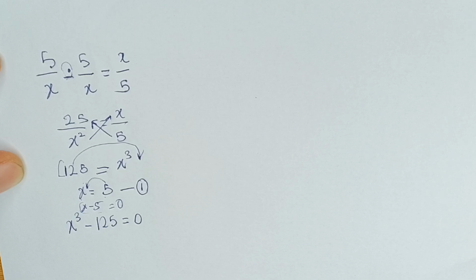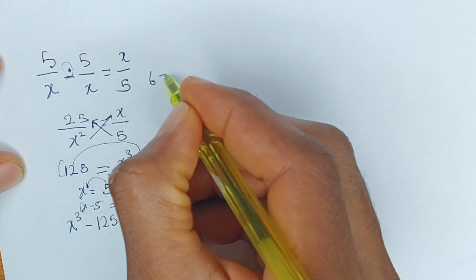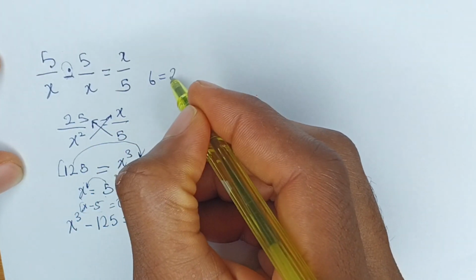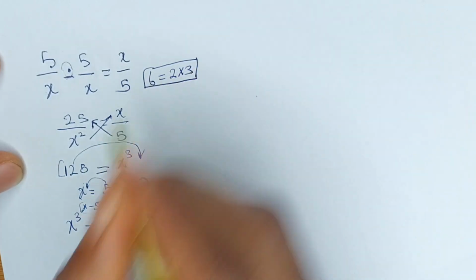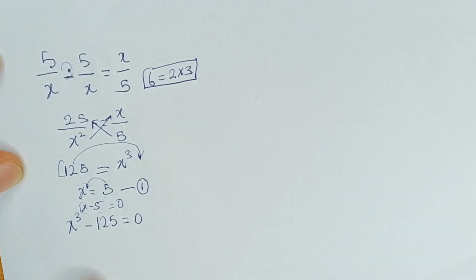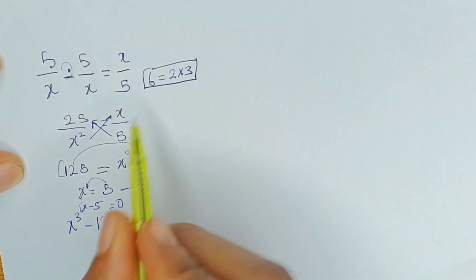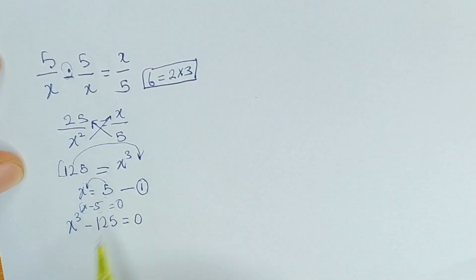For example, a factor of 6 is 2, and if I multiply by another factor, 3, I get 6. So this scenario is no different. If I multiply this factor by another factor, I have to get this equation. Meaning that when I divide this equation by this factor, I should get the remaining factor.